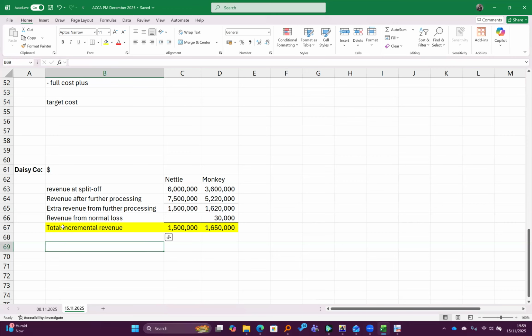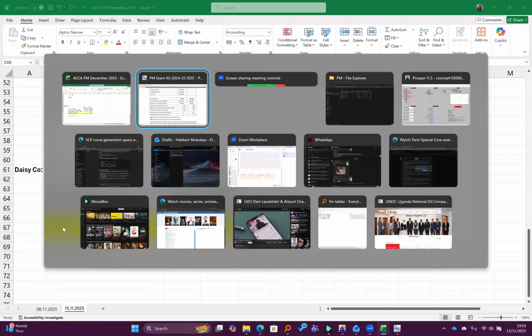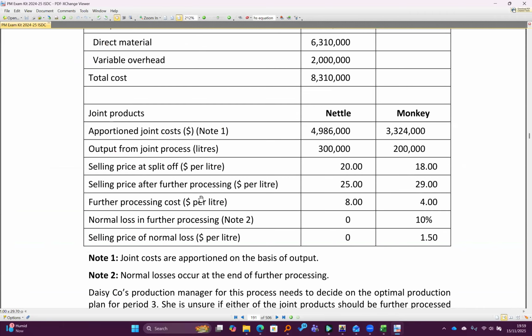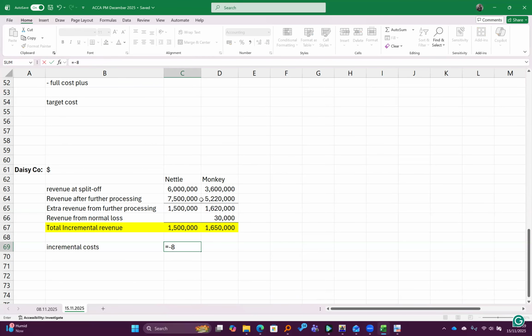Okay, so now we can look at the costs. Now, incremental costs. So the incremental costs, these are the further processing costs. So 8 times 300,000, that's 2.4.